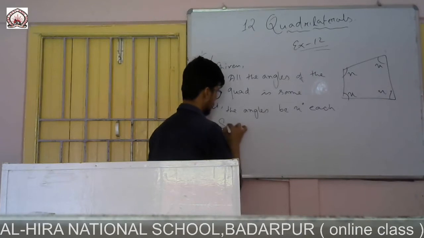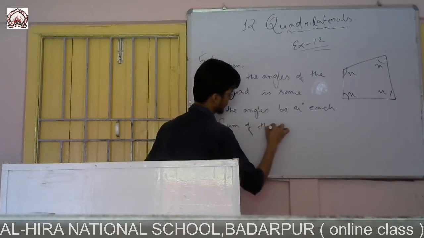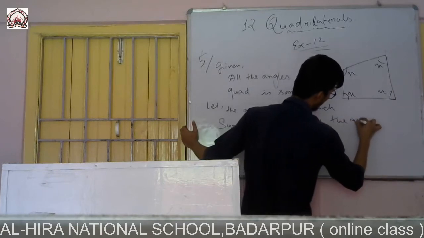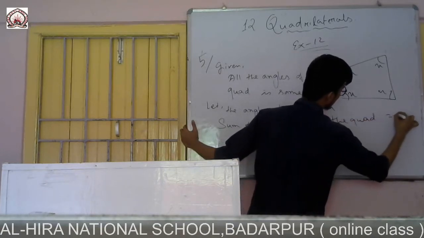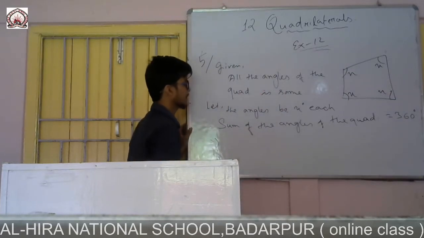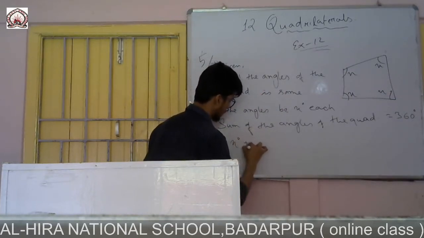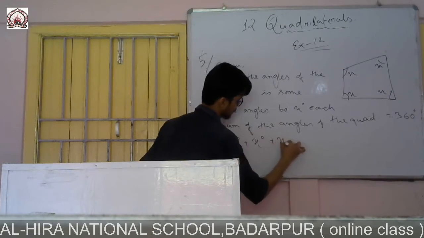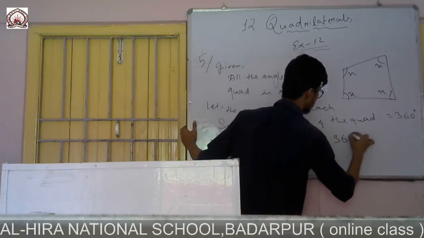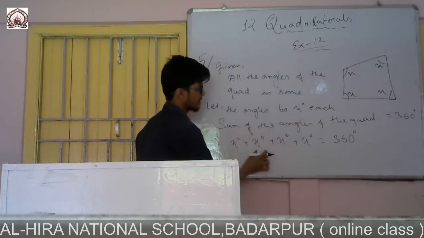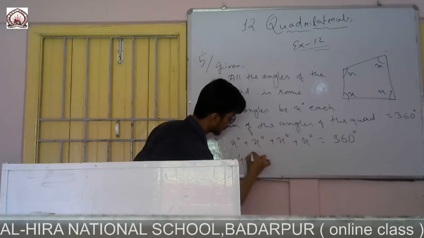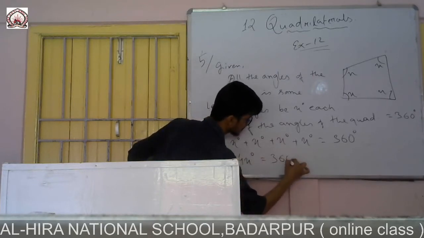Since the sum of the angles of the quadrilateral is 360 degrees, x degrees plus x degrees plus x degrees plus x degrees equals 360 degrees. x plus x plus x plus x equals 4x degrees, which equals 360 degrees.